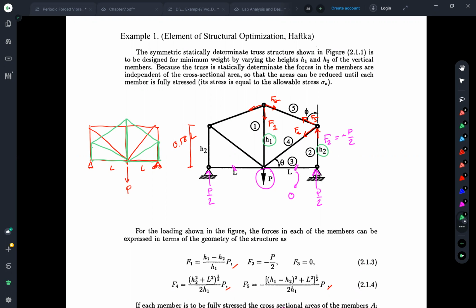I cannot have this kind of clean truss without the optimization. With just my experience, what I feel is I use a flat truss, like H1 and H2 are equal quite often. And I found maybe this one could be the best. Actually, it's not.